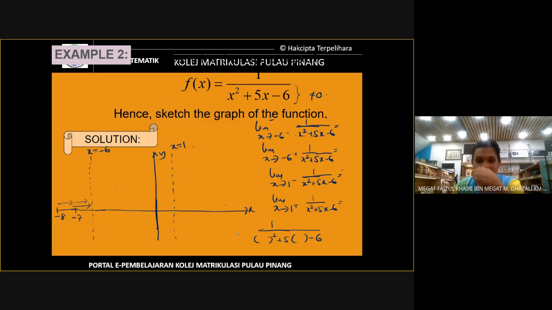Class, tell me if I use the value of -6.01, what is the result? Do you get a positive or negative value? -6.01 squared plus 5 times negative 6.01 minus 6.